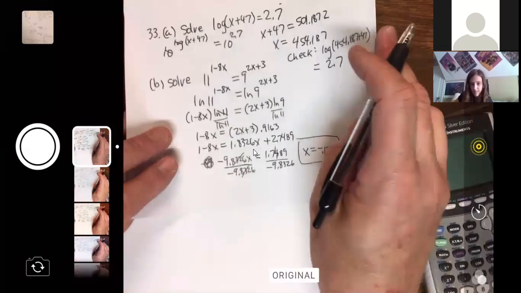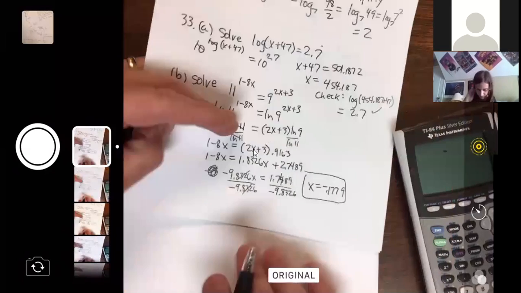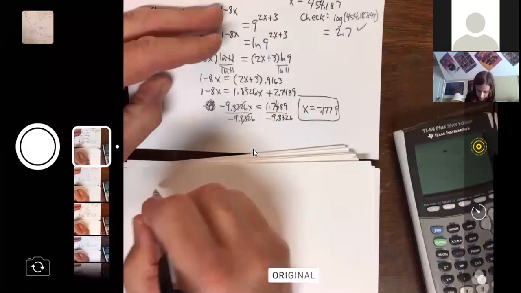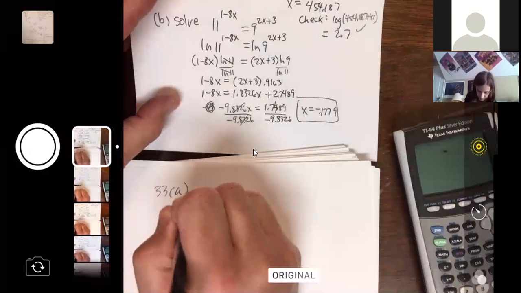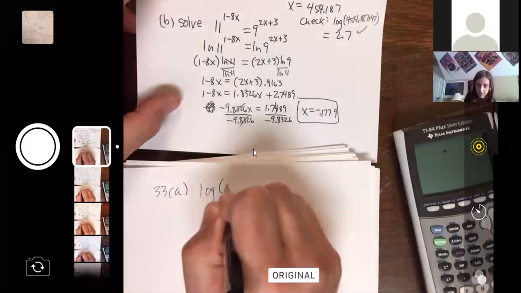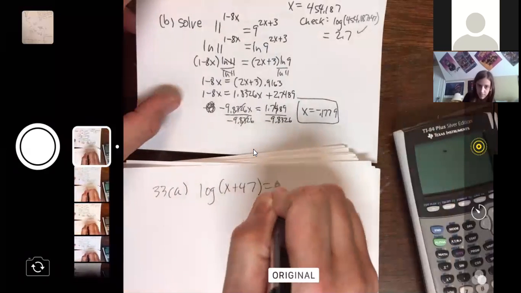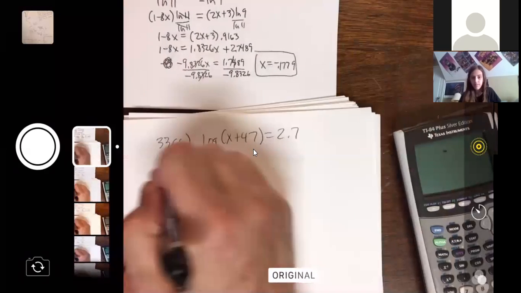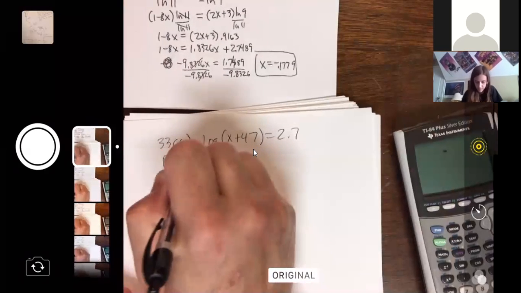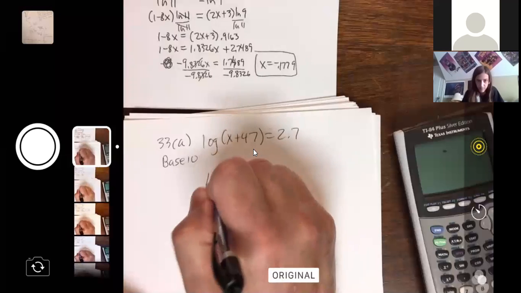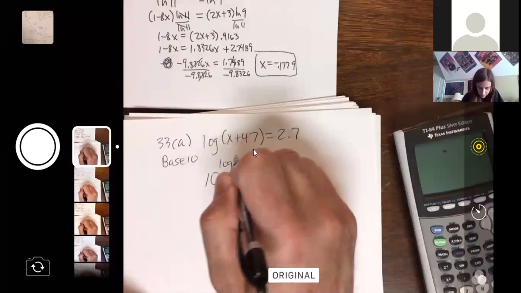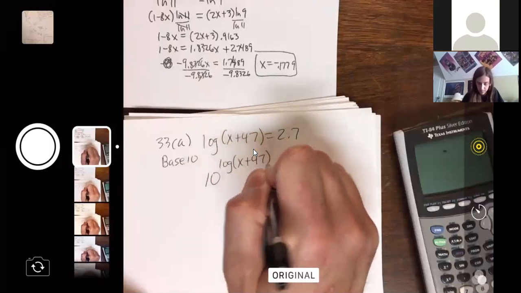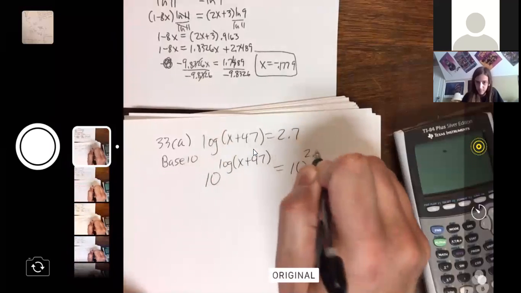All right, 33a, log of x plus 47 equals 2.7. Again, log means base 10. So I'm going 10 to the log of x plus 47, 10 raised to the 2.7.